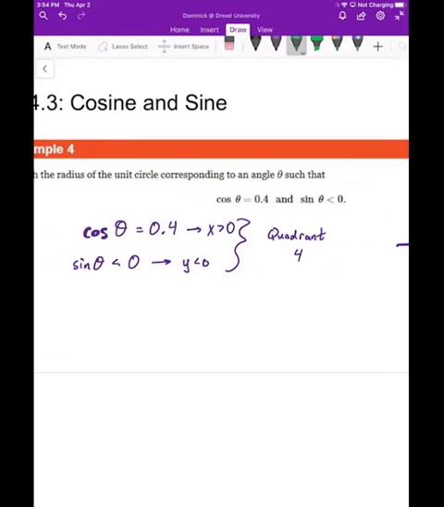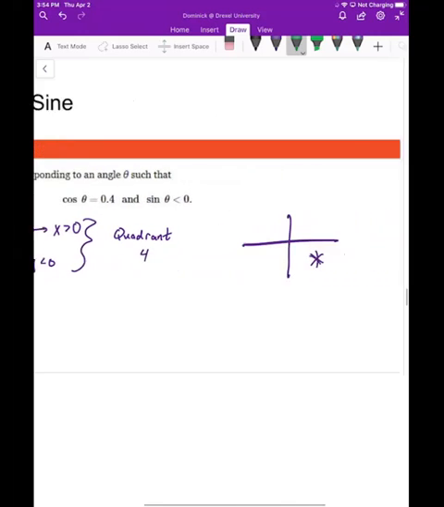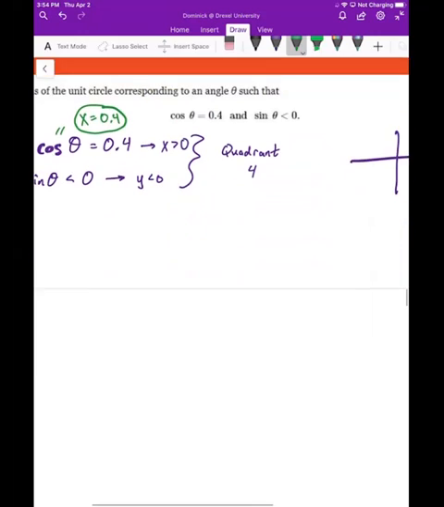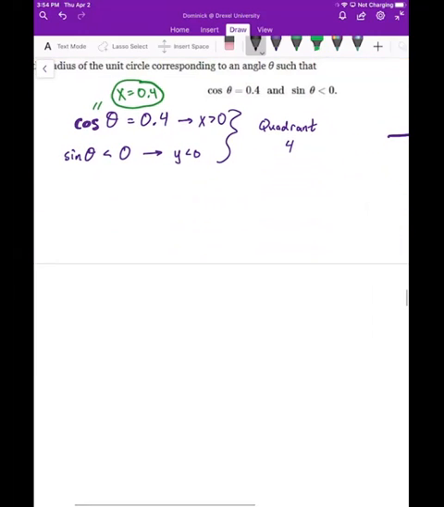Now, the idea might be, well, how do we figure out, because so far I have cosine, which is my x value, is equal to 0.4. All right. Now, if my x value is 0.4, then I can do something like this without even knowing what y is.